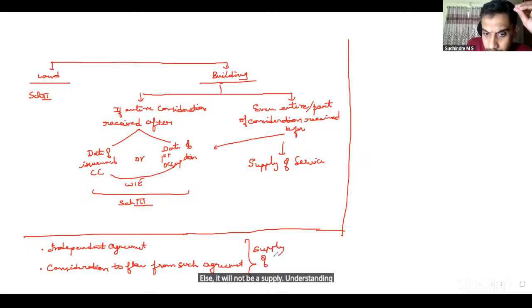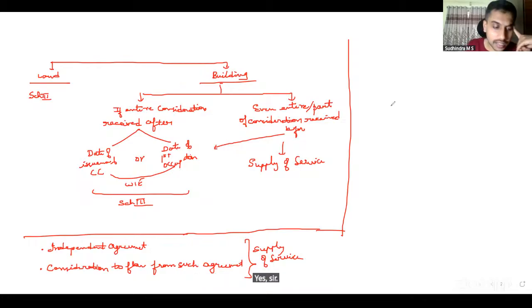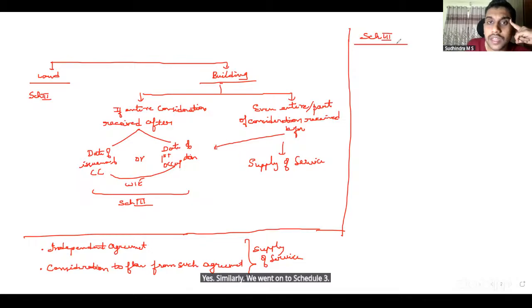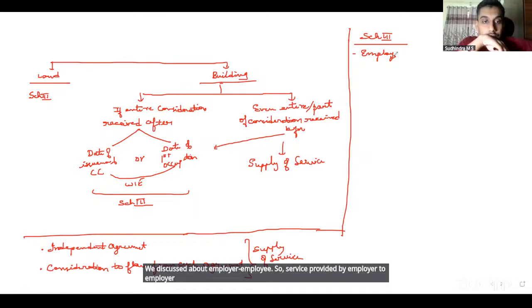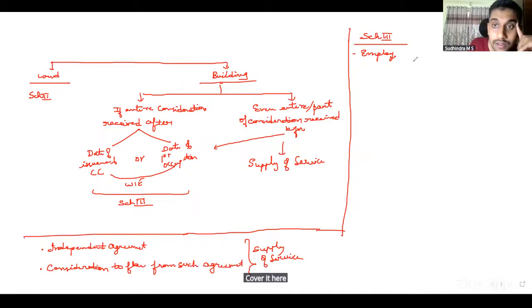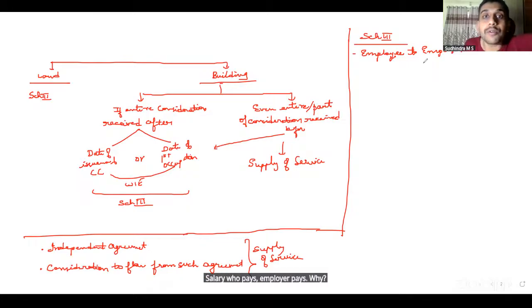Understanding? Yes, sir. Similarly, we went on to Schedule 3, where we had a list of items. We discussed employer and employee. Service provided by employer to employee or employee to employer is covered here. Salary: who pays? The employer pays, because the employee provides the service.